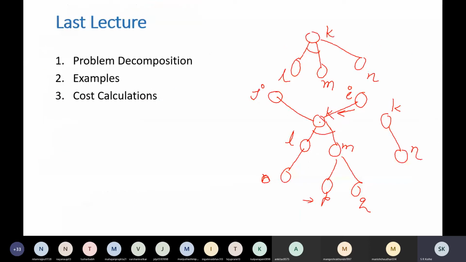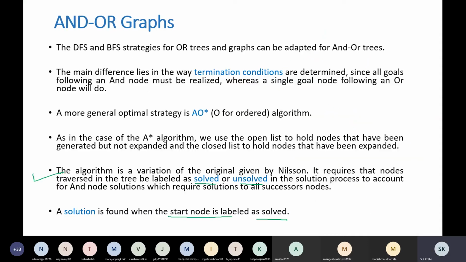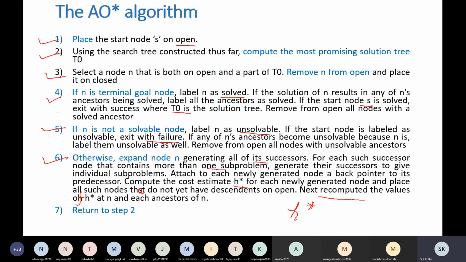When you reached node K through node J, the cost associated with K might have been some cost, for example, suppose 25. But when you come from node I again to this node K, the cost might change. So you will have to assign a new cost to K. That's why we are saying that you will have to recompute the cost.